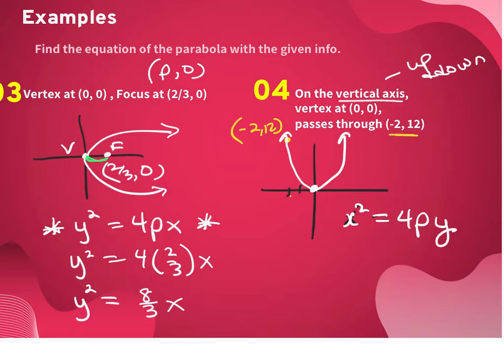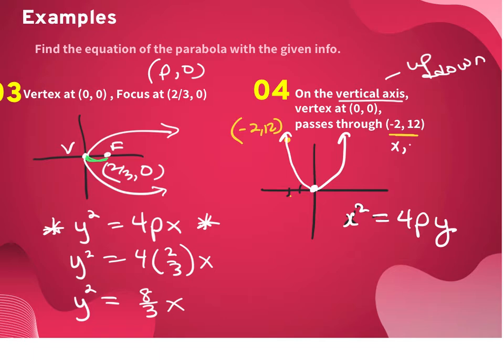Now, this time I don't have any information about the focus or the directrix, and I need that p-value. Again, p is the distance that the focus is from the vertex or that the vertex is from the directrix. So instead I have an ordered pair here.